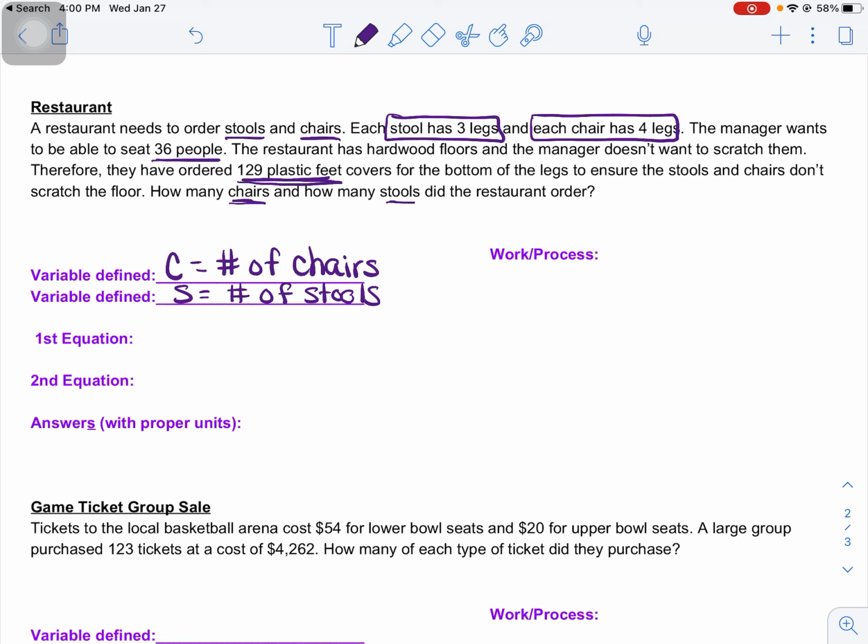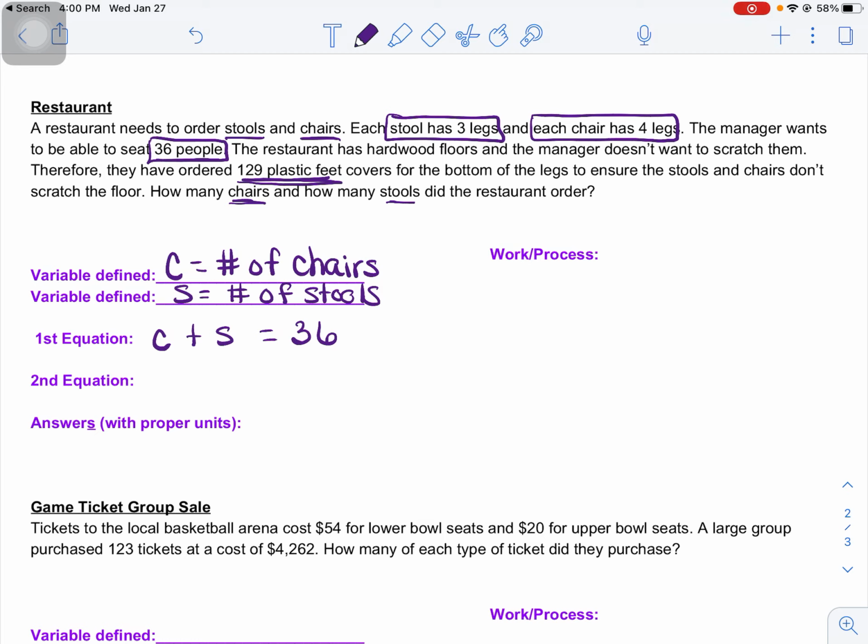Well, we have a total of something that they ordered, and we want to know how many total did they order. Well, think about how many people they wanted to seat. They wanted to seat 36 people. So they have to order 36 combined stools and chairs. So we know that a certain amount of chairs plus a certain amount of stools has to equal 36. So that's our total equation.